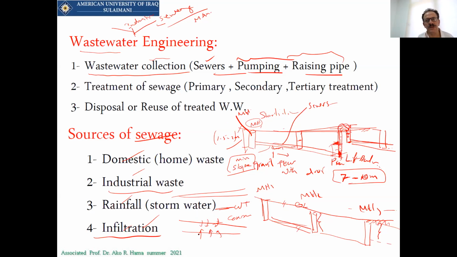The water will infiltrate the body of the sewer itself. So it will add another additional load to the sewer pipe, besides the one that is used to convey the sewage. So infiltration is the inflow due to the water table height.